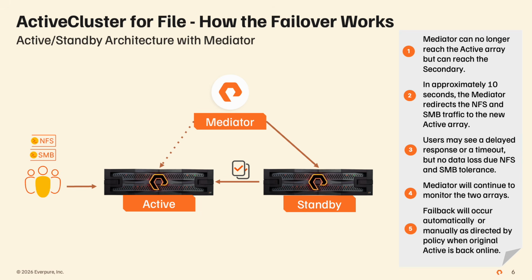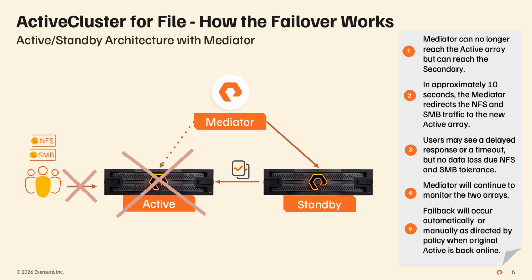All right, it's the moment of truth. What happens when the active array fails in an ActiveCluster for File scenario? Before I get into it, we are just going to refer to the Mediator itself. We're not going to discern between Cloud Mediator or on-site Mediator. Anyway, in the event of a failure, the active node goes down, the end clients can't see their shares on that active node.